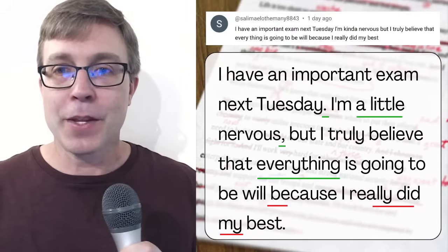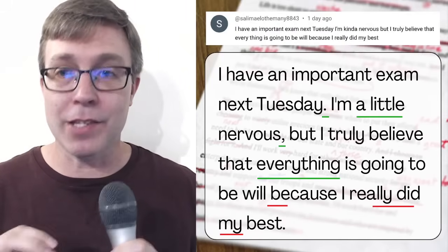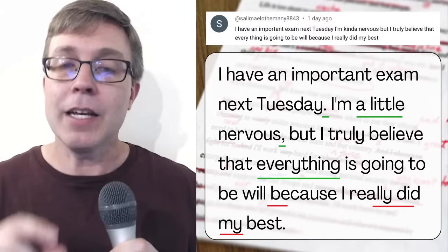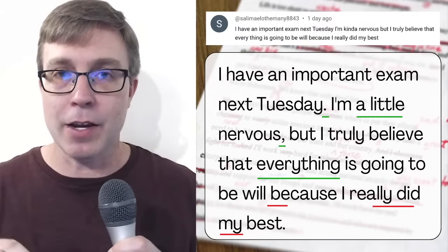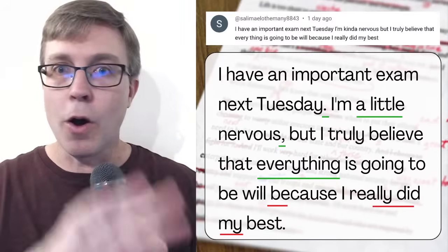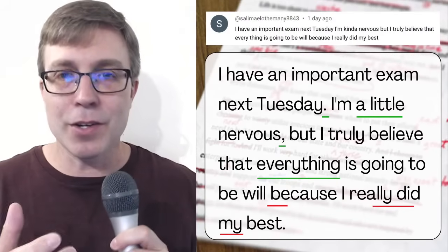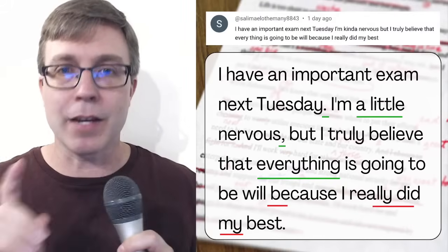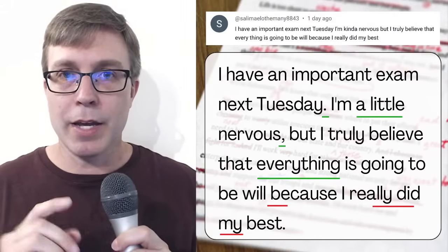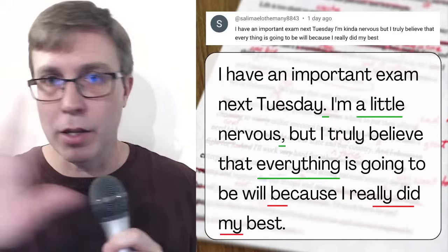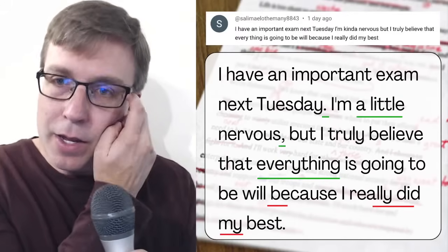Comma, because this is going to be a compound sentence: but I truly believe that instead of everything, when you're talking about all individual things, in this context, you're going to use that pronoun "everything," one word, just referring to all the things together.